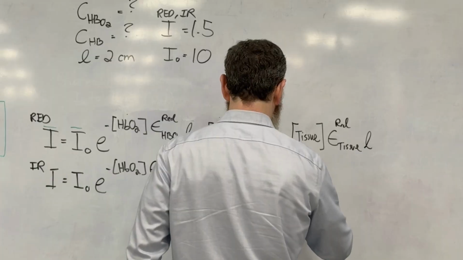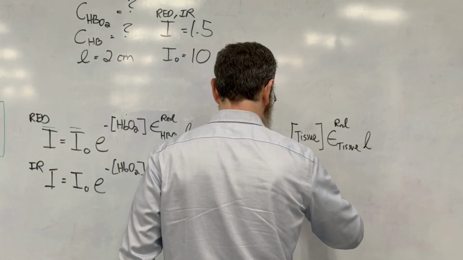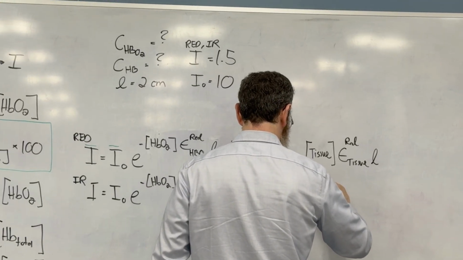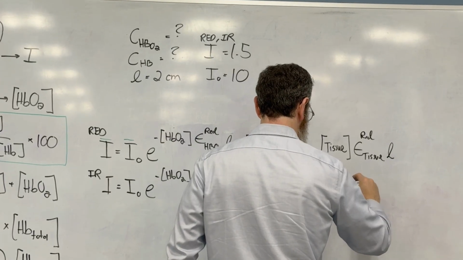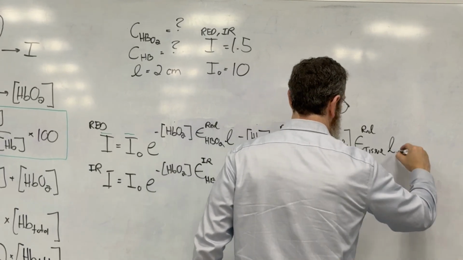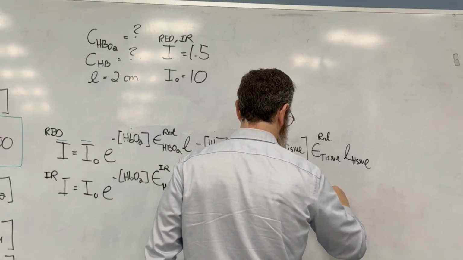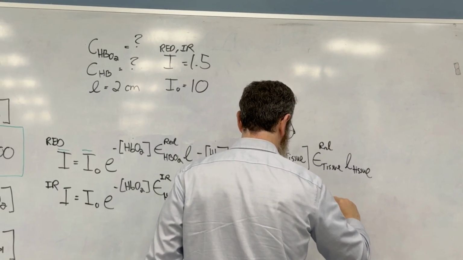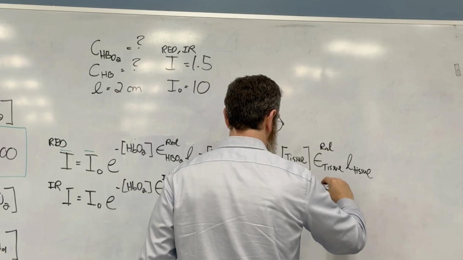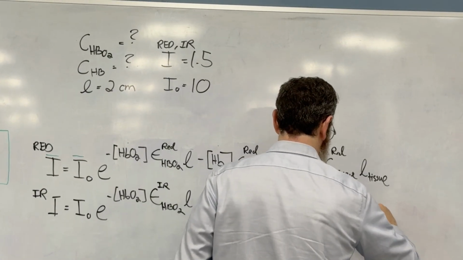Then let me do it here as well: minus the concentration of tissue times the absorption coefficient of tissue at infrared times the length of tissue.